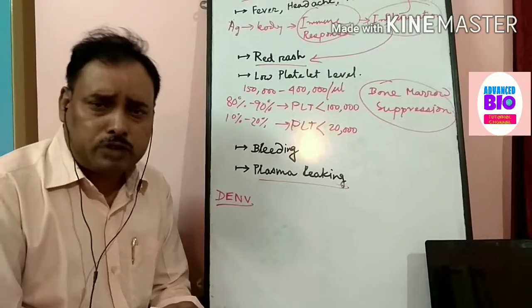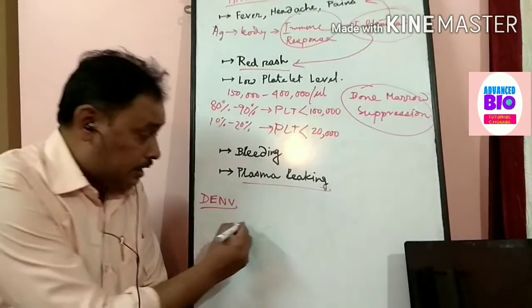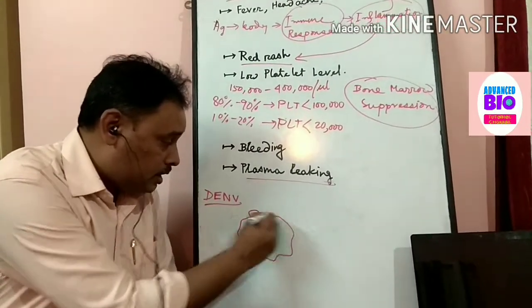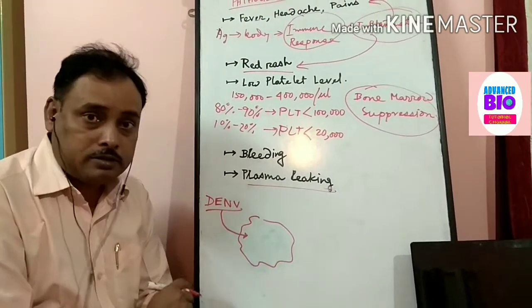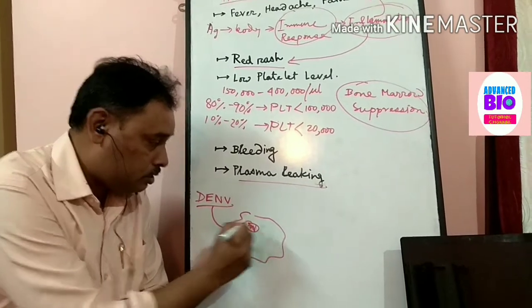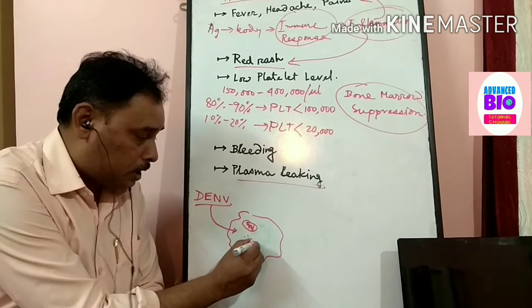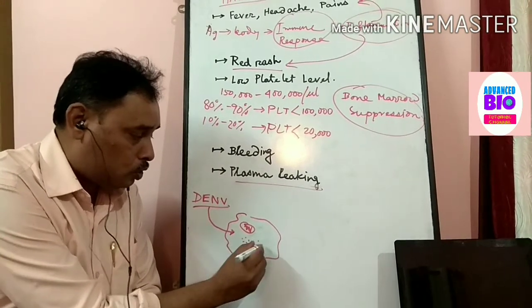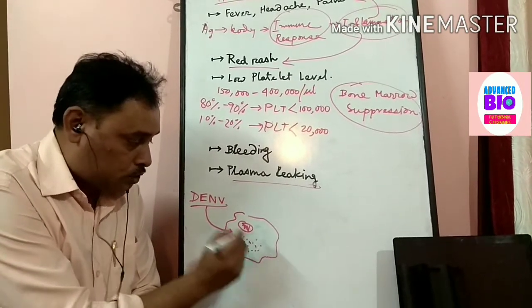Suppose macrophages, dendritic cells, these are the APC cells. And inside the APC cell, this dengue virus enters. And there, this is the nucleus, and there the virus multiplies.